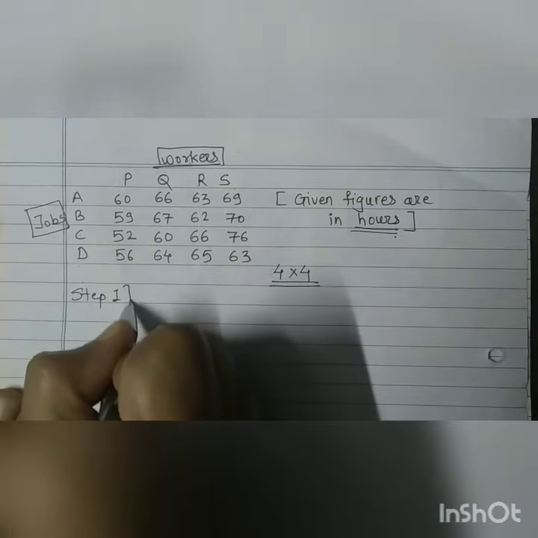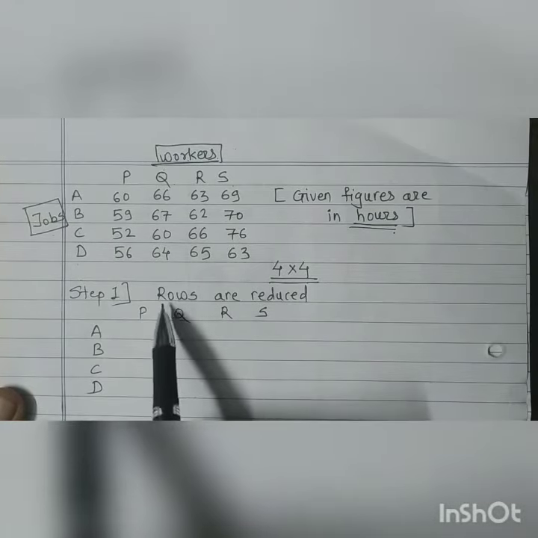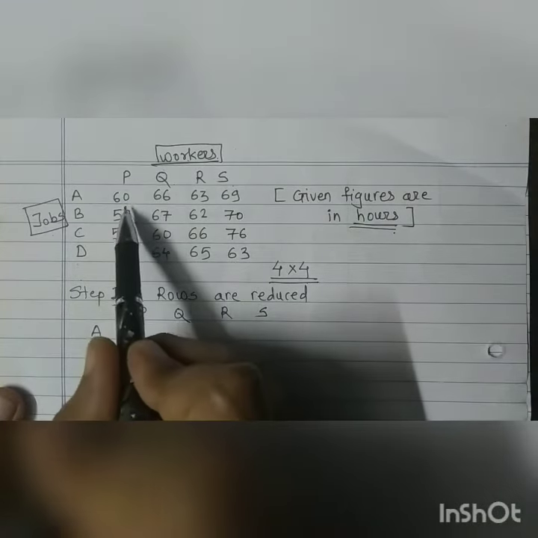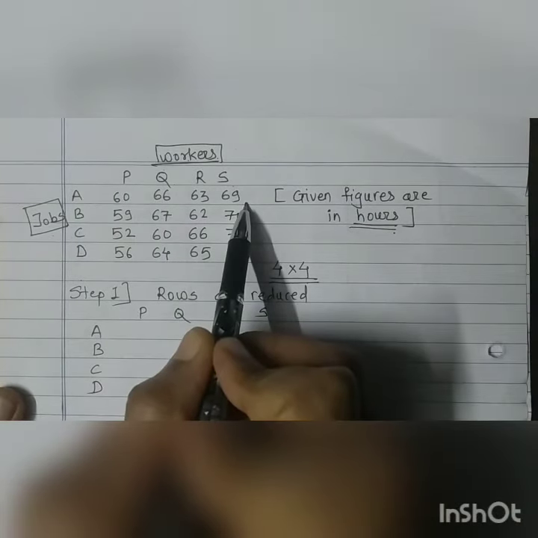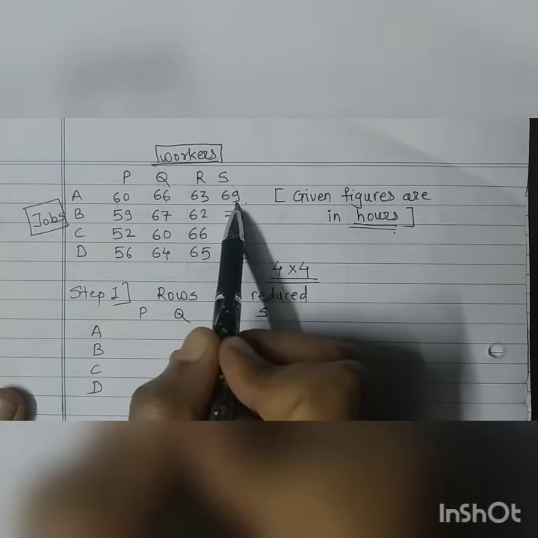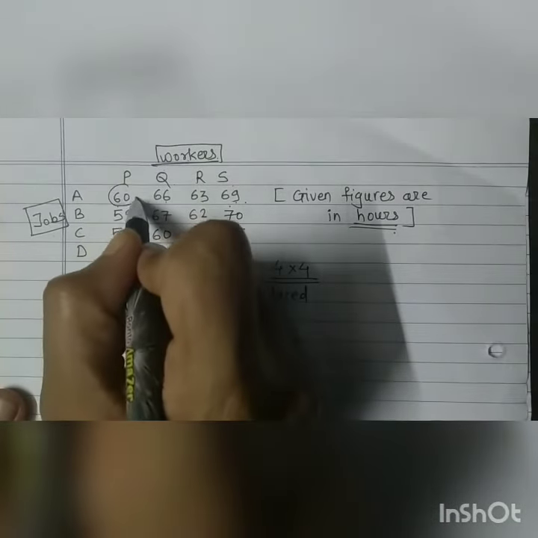Now step number 1. What is step number 1? Step number 1 is that rows are reduced. Write down PQRS and ABCD as it is. Now consider the first row. How many elements are there in the first row? 4 elements: 60, 66, 63 and 69. Consider the smallest element in the first row. Which is the smallest element? Right, 60 is the smallest element.